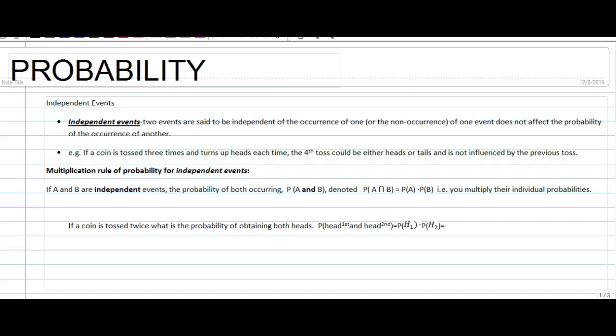Now, we mentioned this in reference to the counting principle, but I really didn't define what an independent event is. So two events are independent if the occurrence of one, or the non-occurrence of one for that matter, does not affect the probability of the occurrence of another. So again, two events are independent if the occurrence of one does not affect the probability of the occurrence of another.